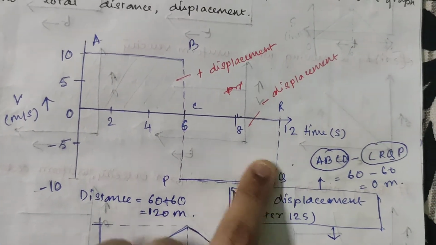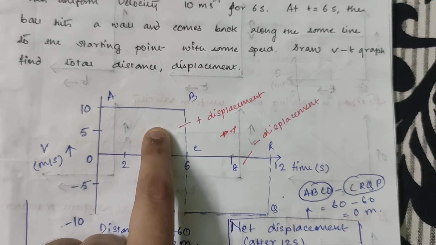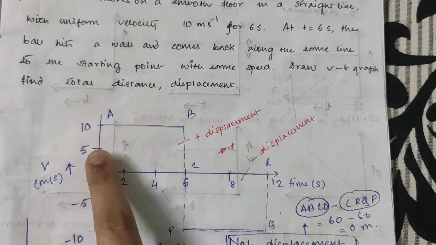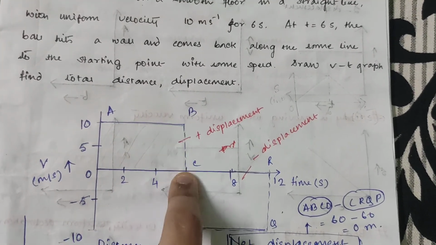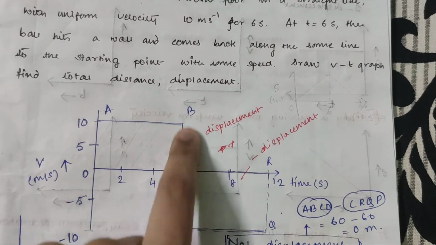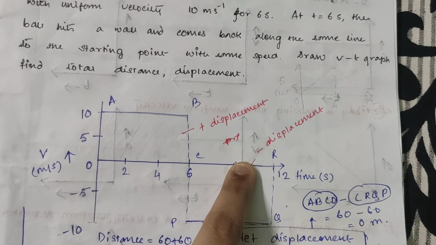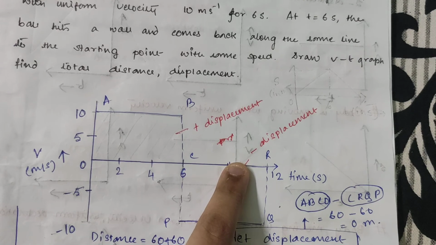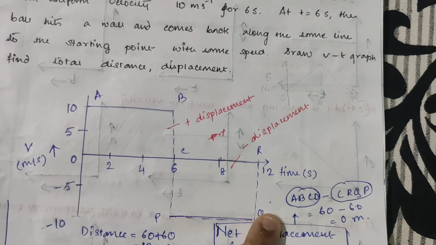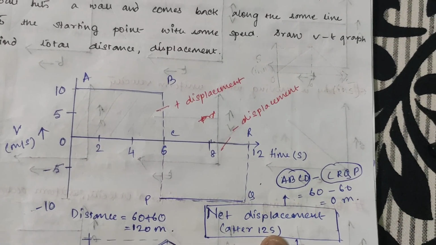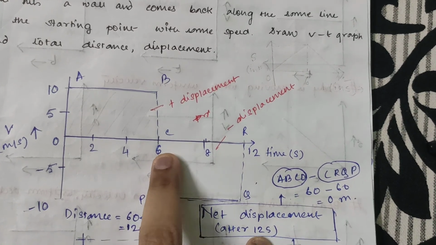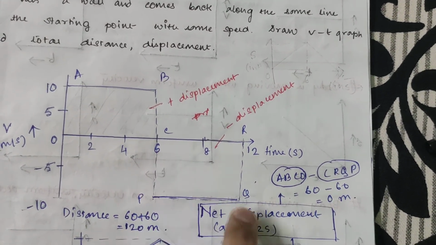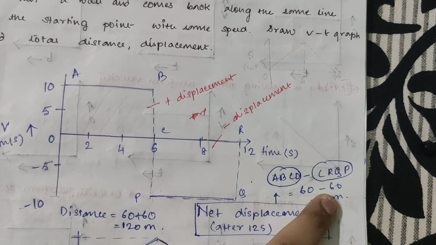That's why. What is the area of this part? Simply this into this. So 6 into 10, 60. For this, minus 60. Right? So, net displacement after 6 seconds, if I ask, is 60 meter. But after 12 seconds, 60 minus 60, 0.